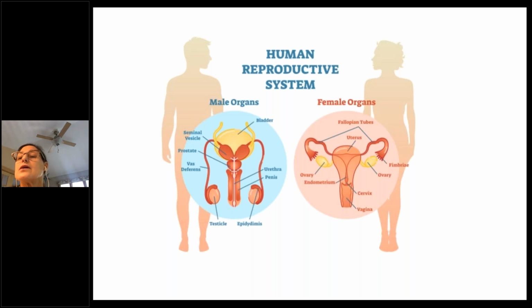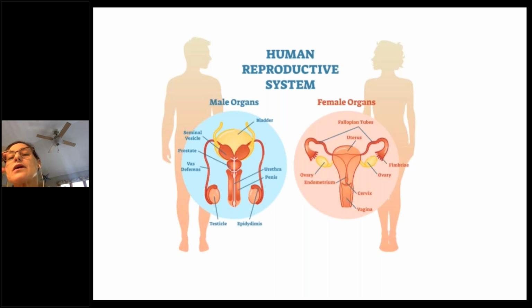And then at birth, it will pass through the vagina. The male sex organs and reproductive organs, the testicles are the site of sperm production, and they also produce testosterone.